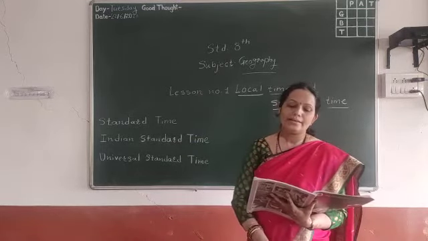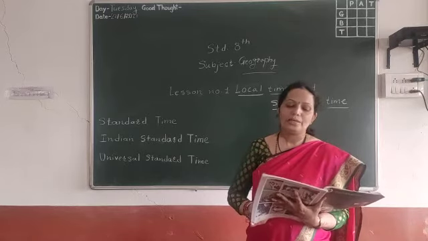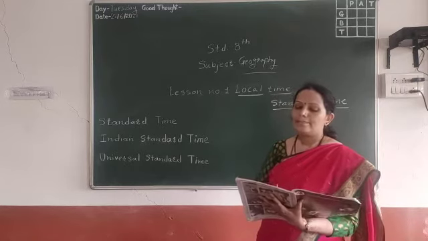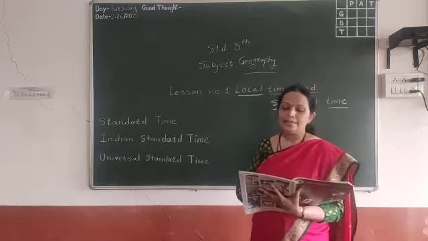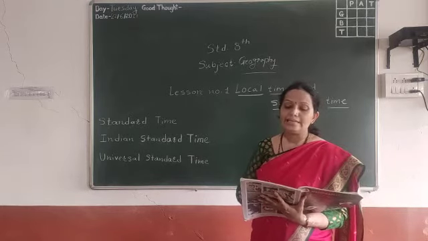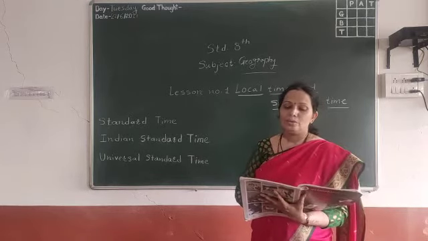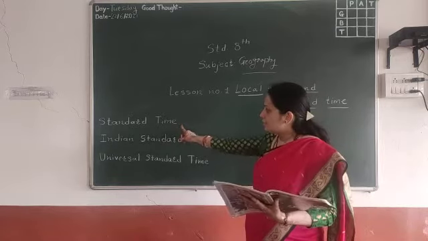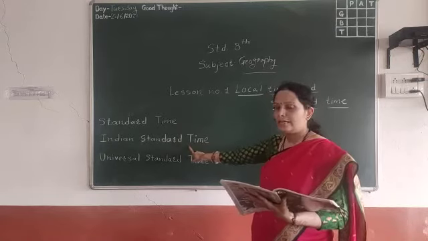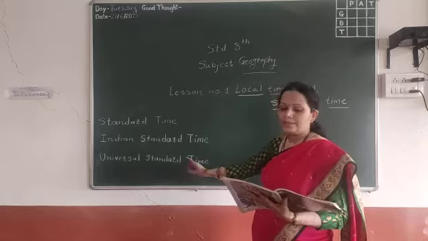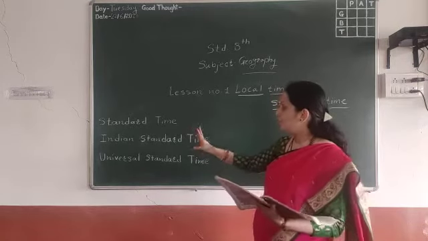Then see universal standard time. For international coordination between countries, the local time at Greenwich in England is considered to be the international standard time. First we saw standard time, then Indian standard time, and now universal standard time. What is the difference between the three concepts?